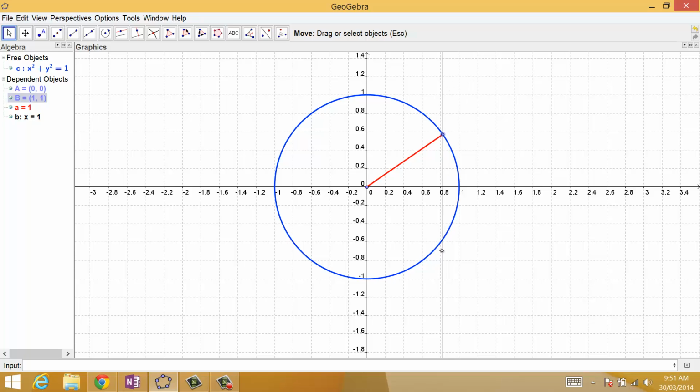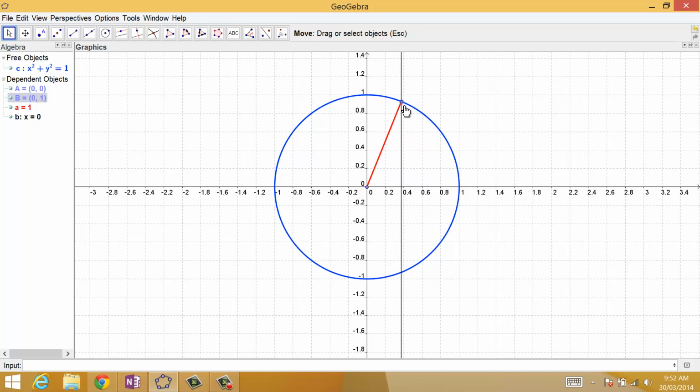I have drawn a line that's perpendicular to the x-axis, and it's connected to the radius on the circle. You can see that this changing triangle is always a right-angled triangle, and the key thing is because the hypotenuse is the radius of the unit circle, it means that the hypotenuse is always of length 1.